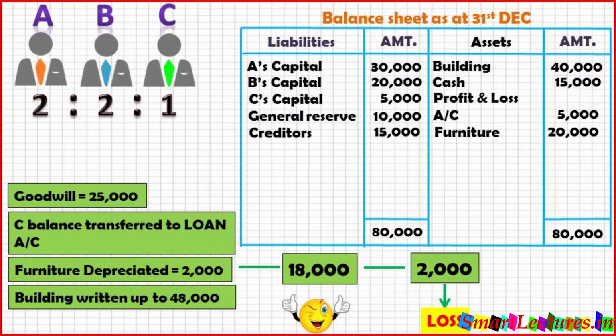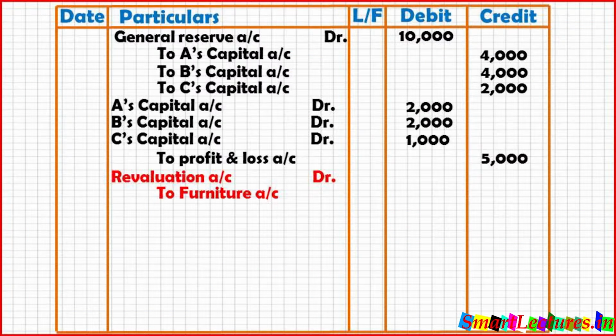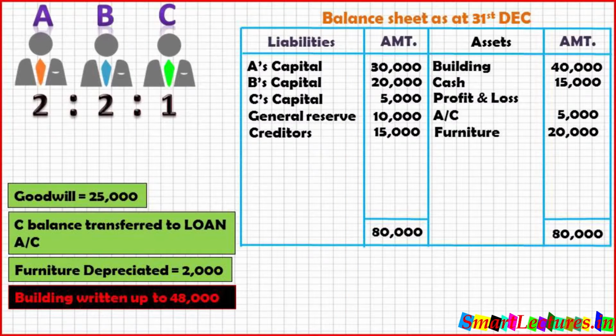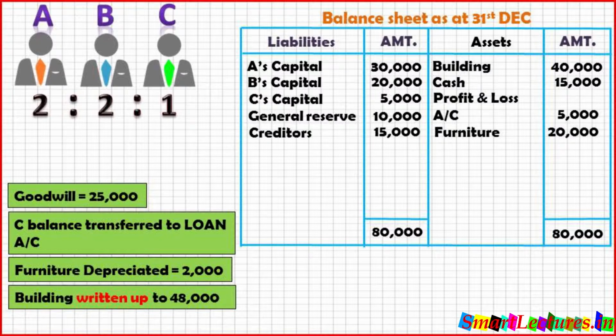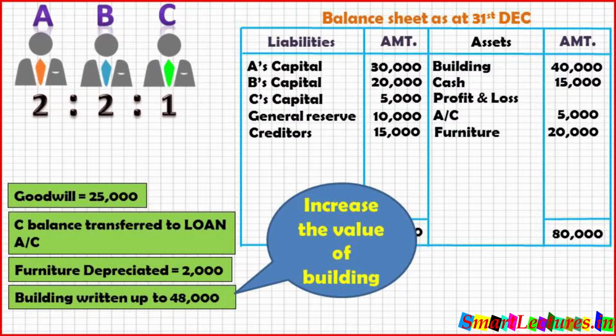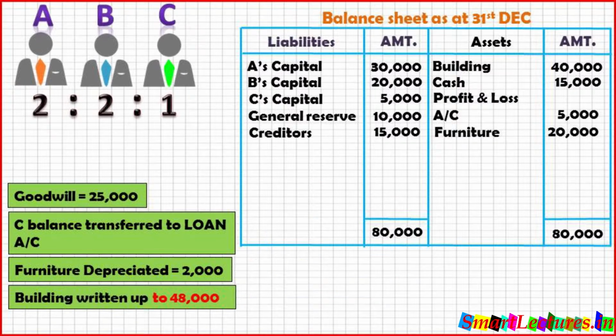It's a loss. And whenever there is loss, we have to pass the journal entry revaluation account debit to furniture, rupees 2,000. And then building was written up to rupees 48,000. Be careful, written up means it has to be raised. We have to increase the value of building up to 48,000.